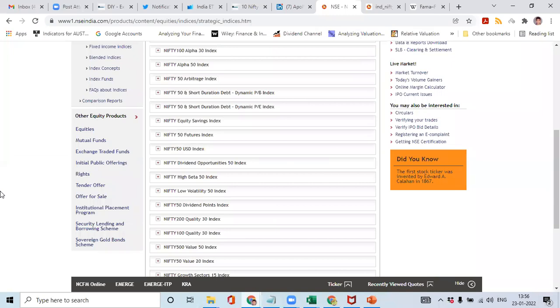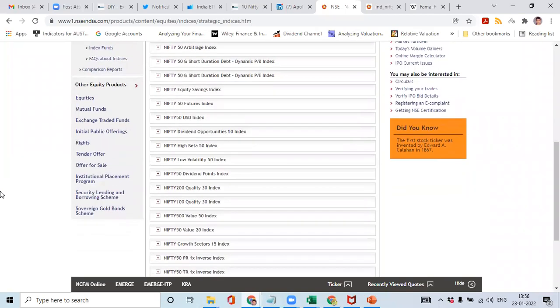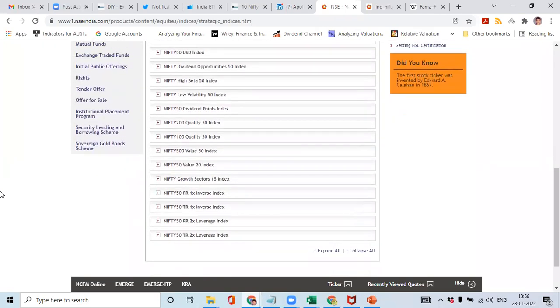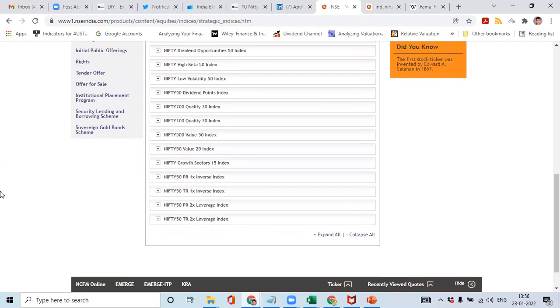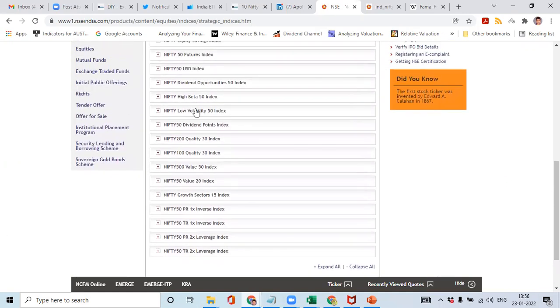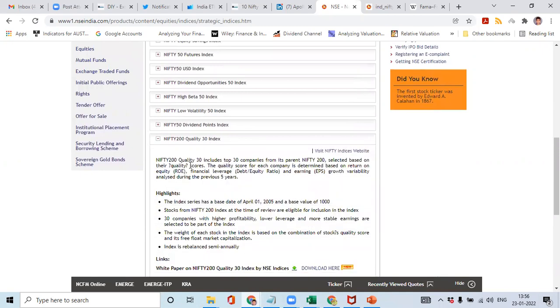So out of all these indices, popular ones are Nifty 200 Quality, which is a basket of Nifty 200 stocks selected by a factor called quality, and I will tell you how they define quality.